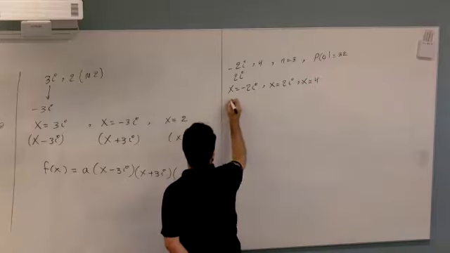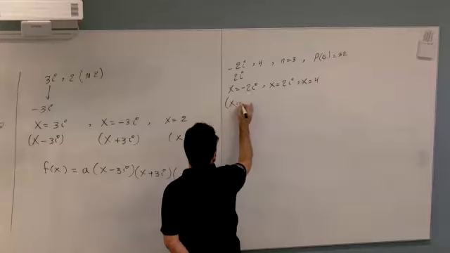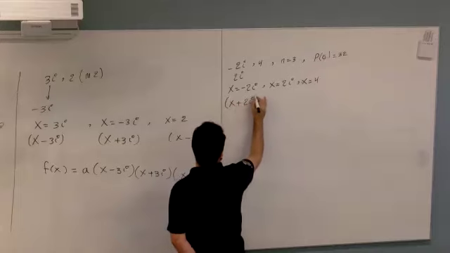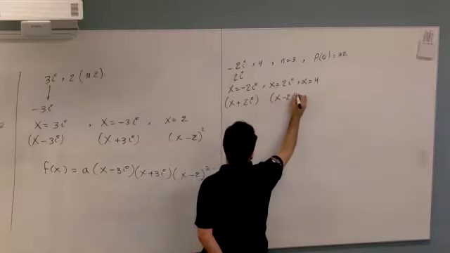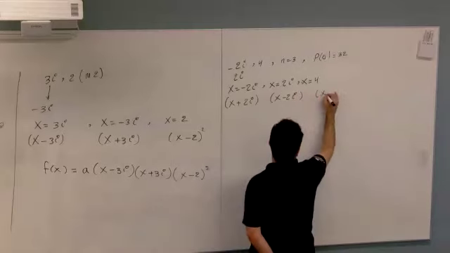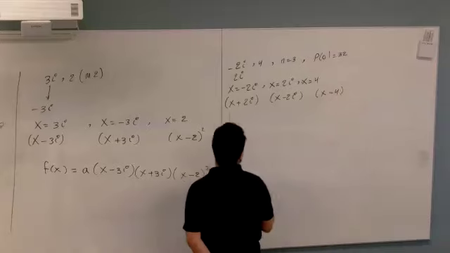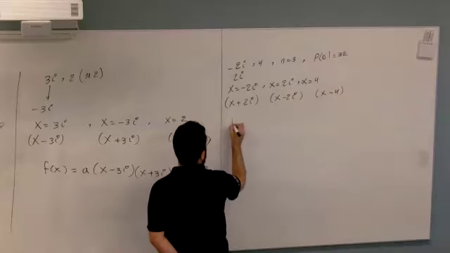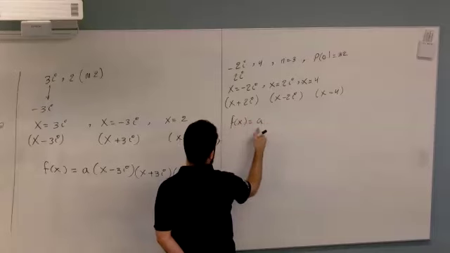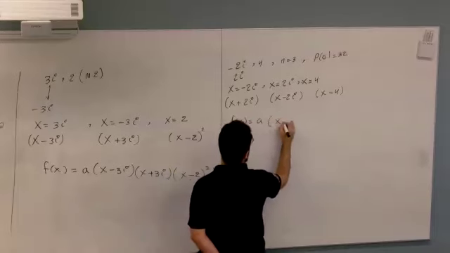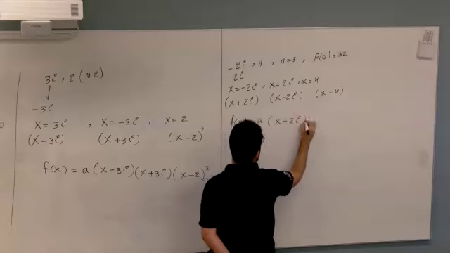Now write down the factors. X plus 2i. What else here? And here. Can I write down the polynomial now? Yes, f of x equals a and all these factors.